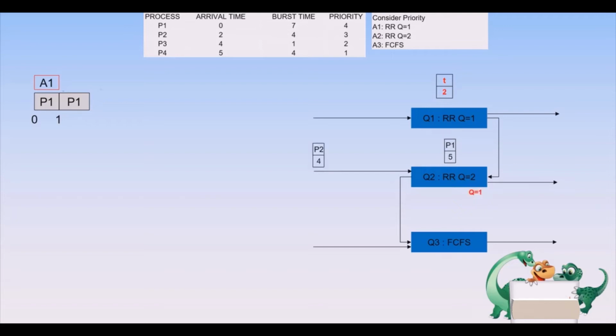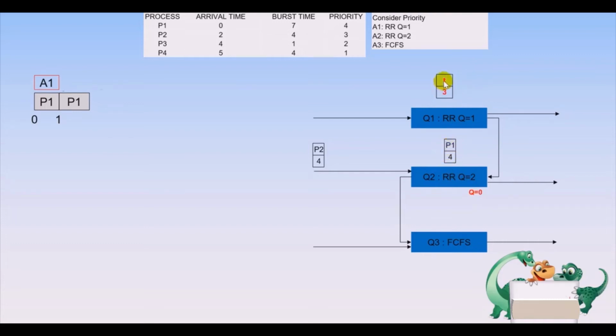Now, during the execution of P1 on Q2, at time 2, process 2 already came in the ready queue, and process 2 needs 4 milliseconds. So at time 2, we still have 1 millisecond remaining for the quantum for P1.